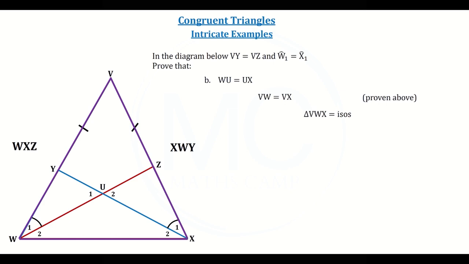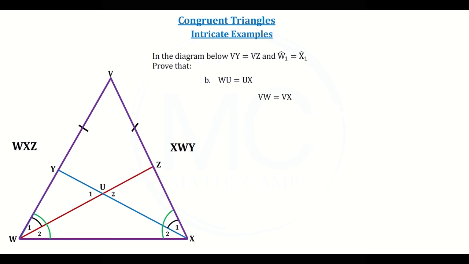An isosceles triangle has two equal sides and two equal angles, which means the whole of angle W, let's make it green, is equal to the whole of angle X. Let's make it green as well, because these angles lie opposite equal sides.